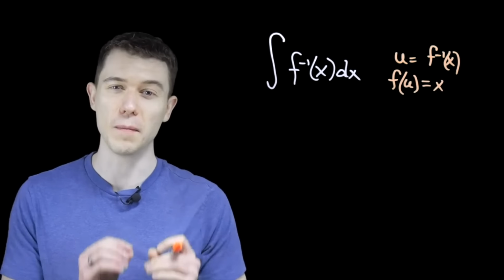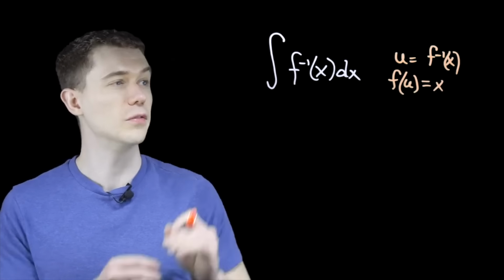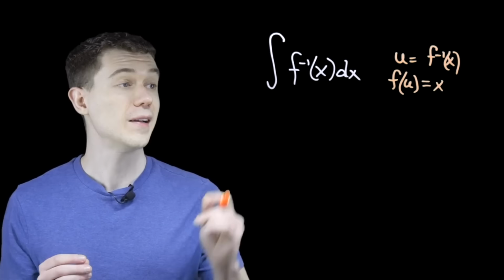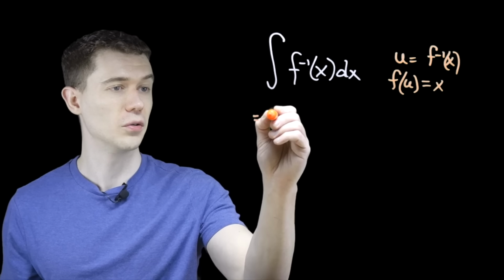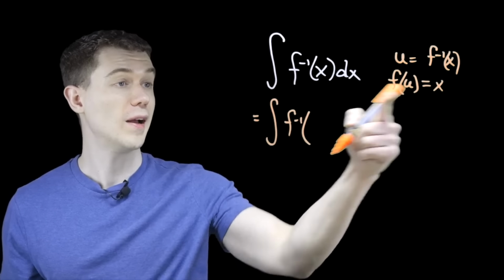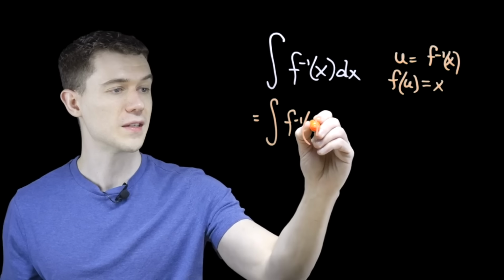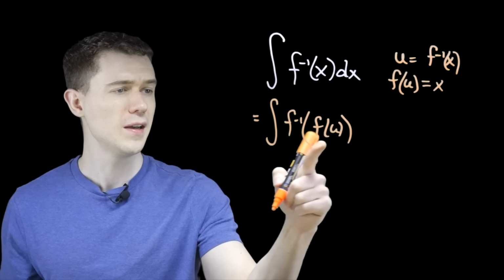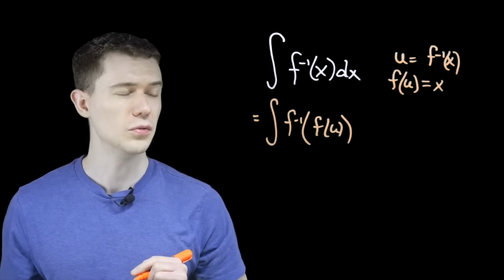If you think about how properties of inverses work, I sort of take both sides with an f. Well, okay, let's plug this into our integral now. This would be the integral of f inverse. Well, x I'm saying is f of u, so I'll stick in f of u here. And so now my integrand is in terms of u's.